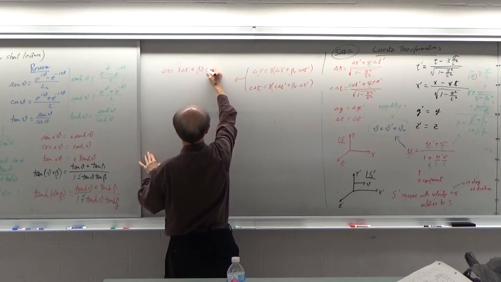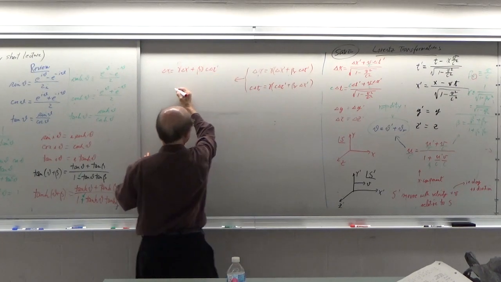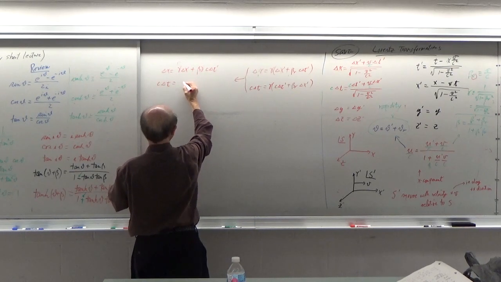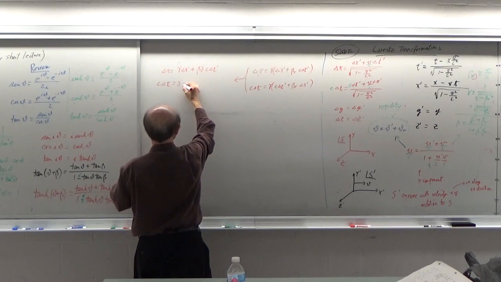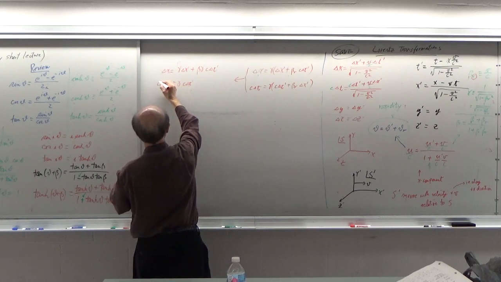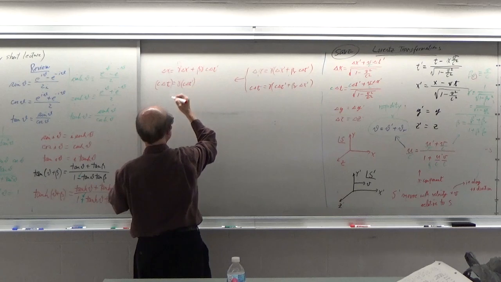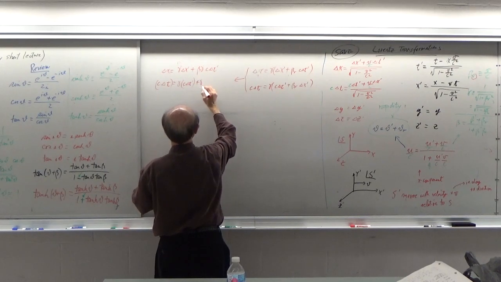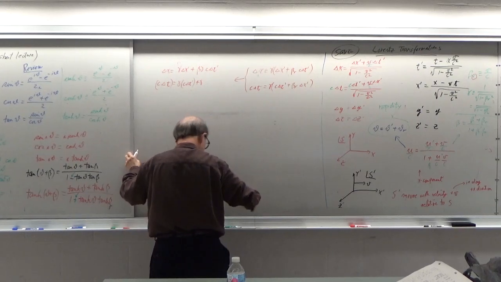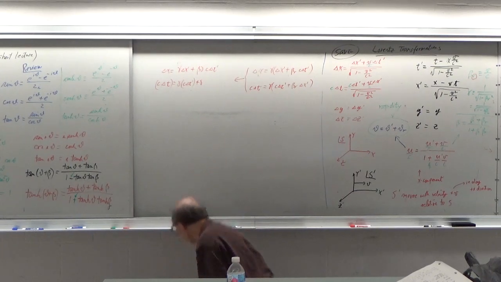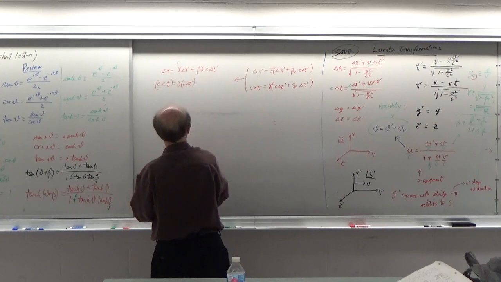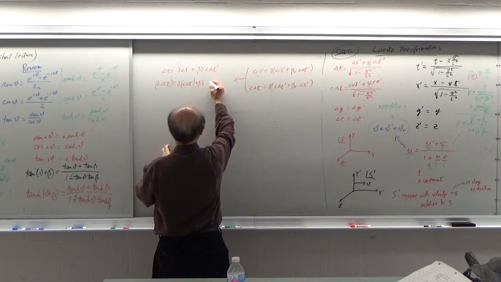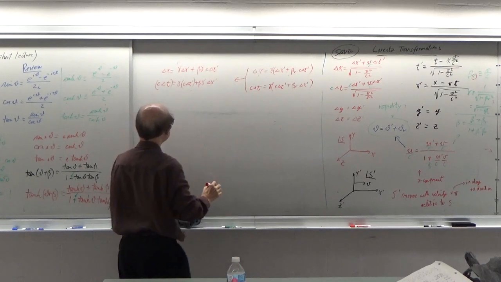Let me copy it down. c delta t is equal to gamma c delta t prime, let me put parentheses around c delta t, plus beta gamma delta x prime.